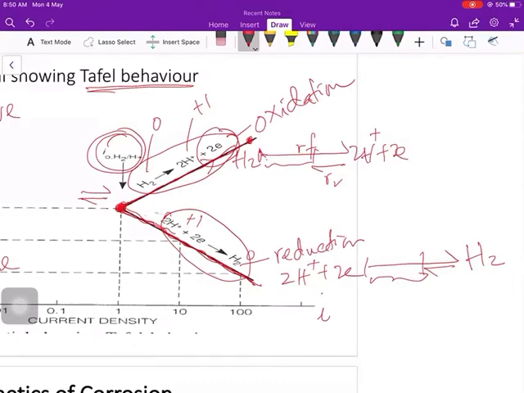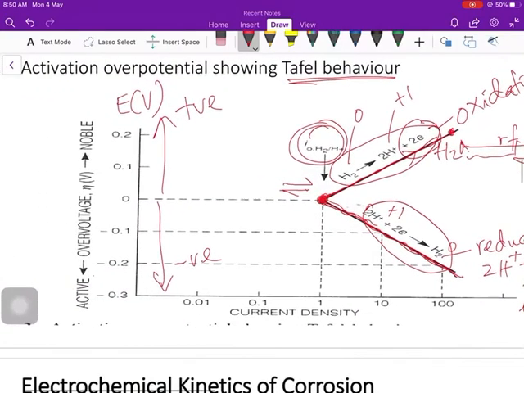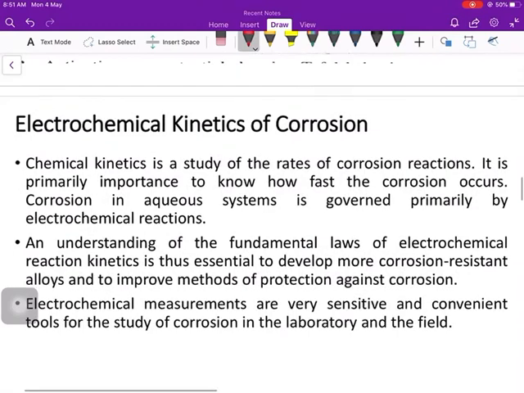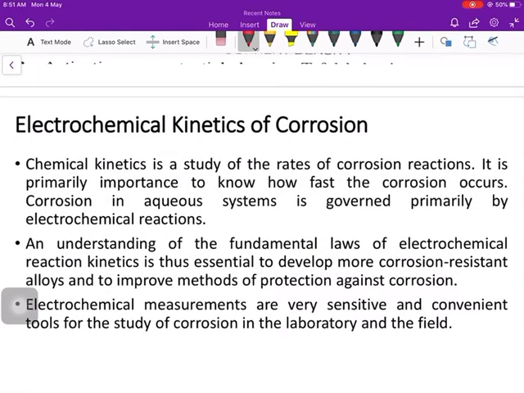Here is for oxidation. That's why the value will move to a new potential. From here, this is E, the equilibrium potential. So when it stops here, this is the new potential. This difference, we call it overpotential.